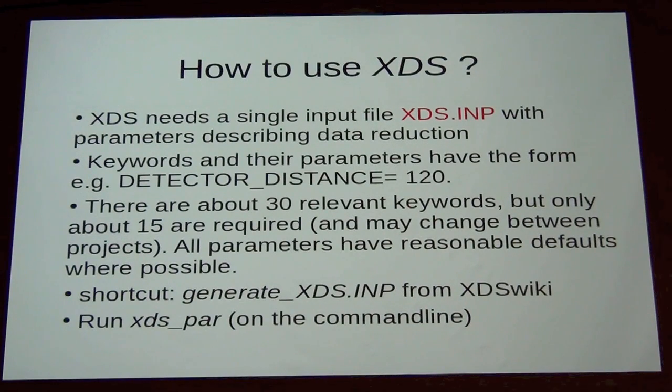So if you just want to get going and not read all the documentation, you just download this generate_XDS.INP script and give it the name of the data set, the files of your frames, and it will normally generate the XDS.INP for you. This works for Pilatus, MAR CCD, MAR image plate, and Rigaku detectors mostly. I don't think anything else. So the normal detectors that you find at the synchrotron beamlines are accepted by this script.